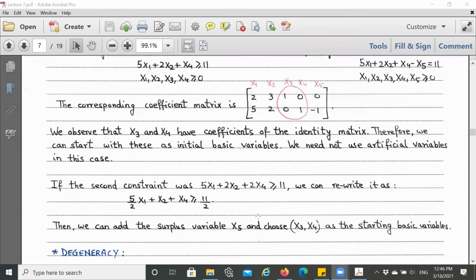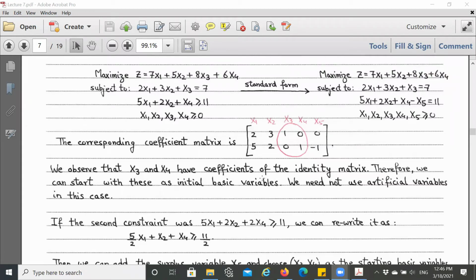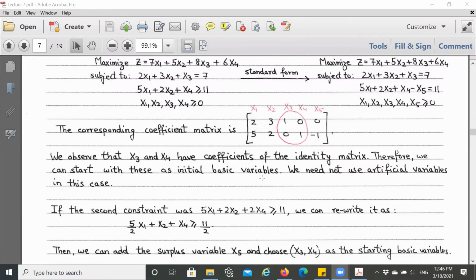Let me see, have I missed anything? You do not need artificial variables, yes. In the second constraint, what if the second constraint was something else? Let's assume that instead of a coefficient of 1 over here, it had 2.